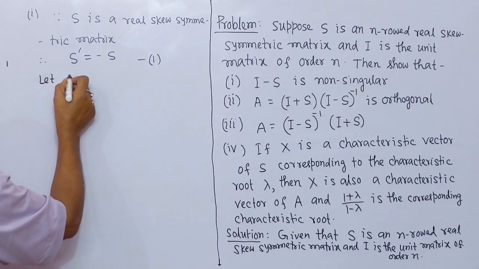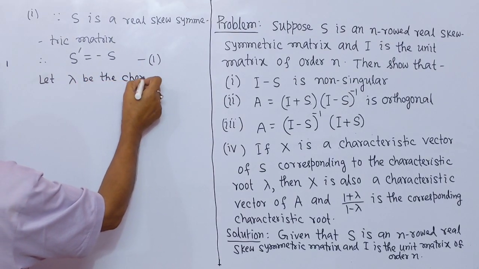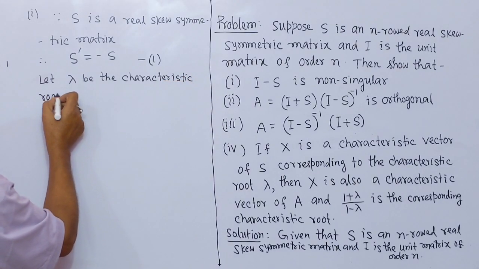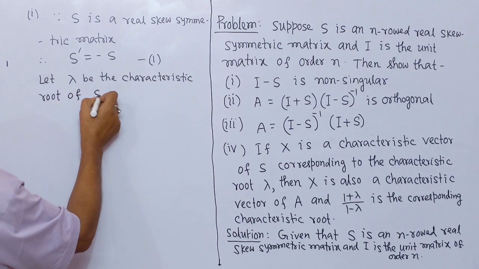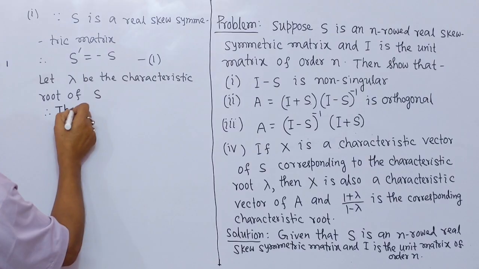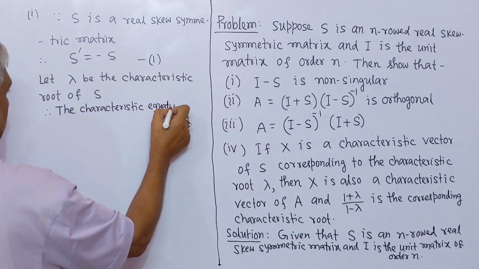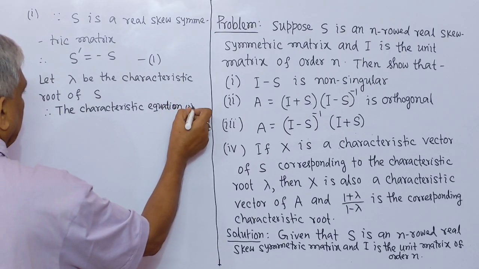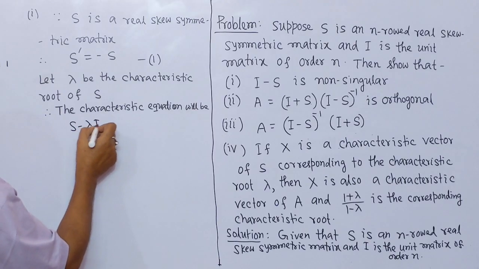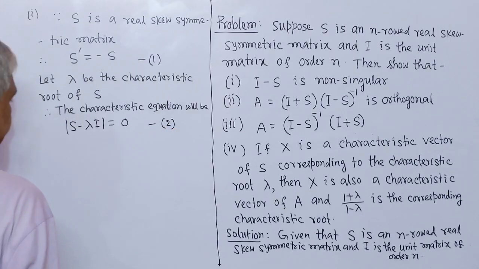Let lambda be the characteristic root of S. Therefore, the characteristic equation will be determinant of S minus lambda I equal to 0. This is number 2.